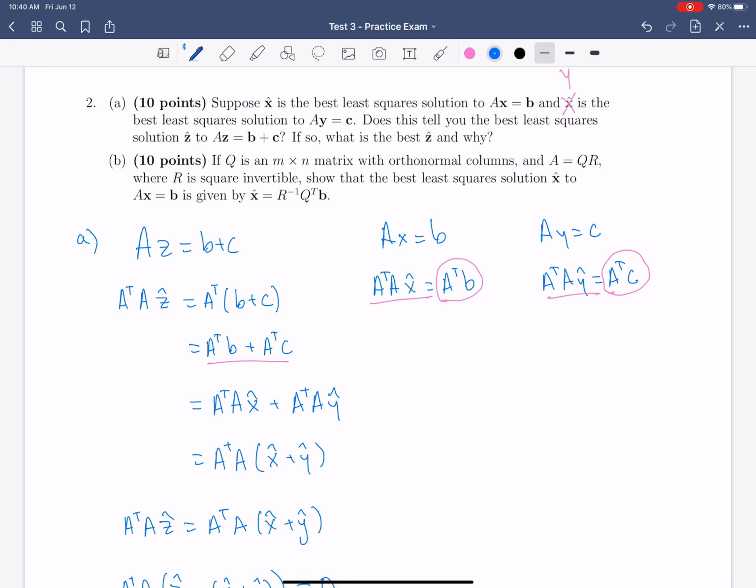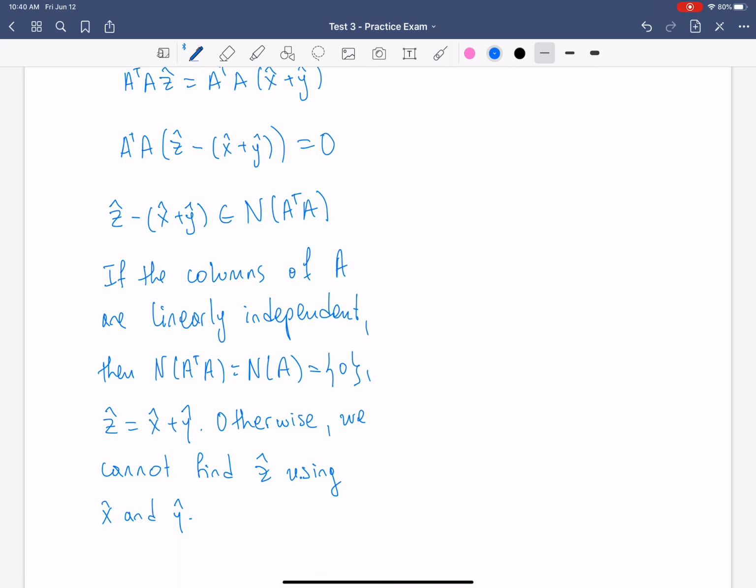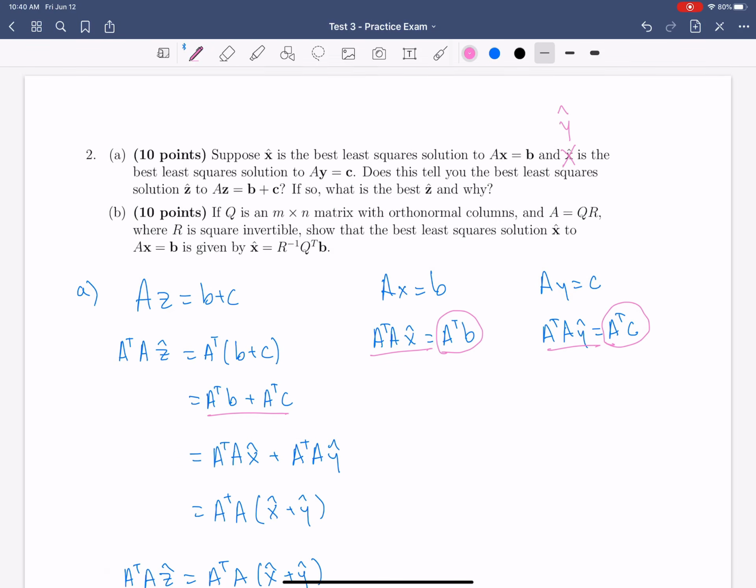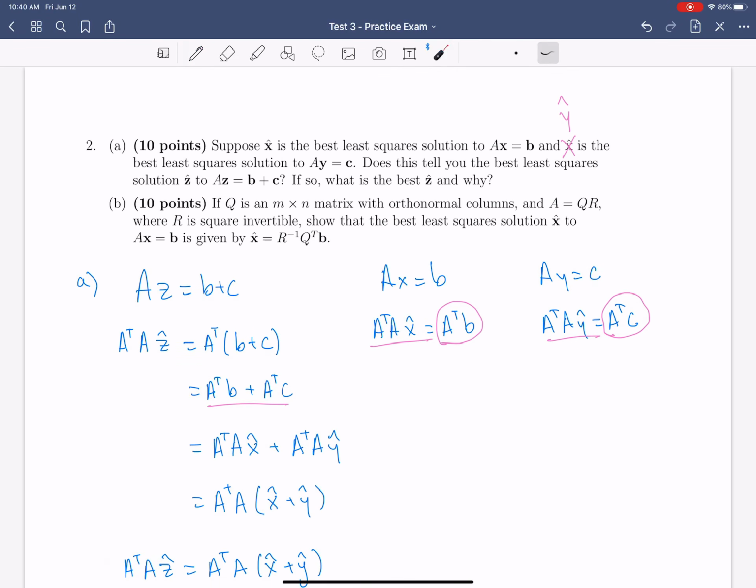So you could find a Z hat using X hat and Y hat, and this will work in all cases. You can always use X hat plus Y hat to solve the new system, even when the columns of A are not linearly independent.